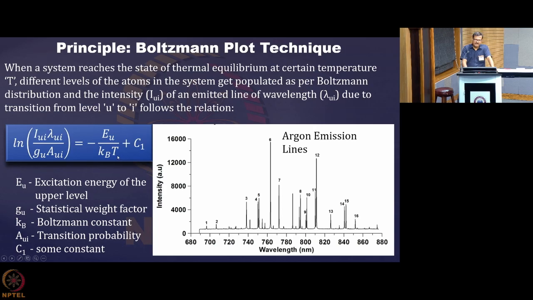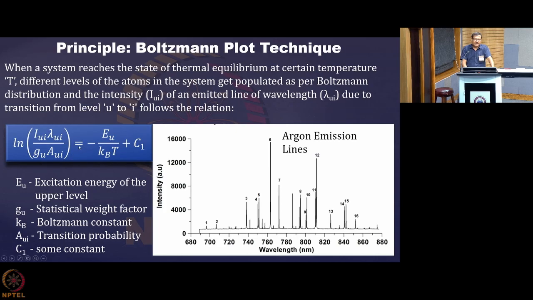At a certain temperature T, the level population is such that the intensity of the transition from U to I, where U is the upper level and I is the level where you are getting the transition, that ith line, with wavelength lambda ui, is given as follows. Here Gu is the degeneracy of the upper level and AUI is the transition probability of that level.